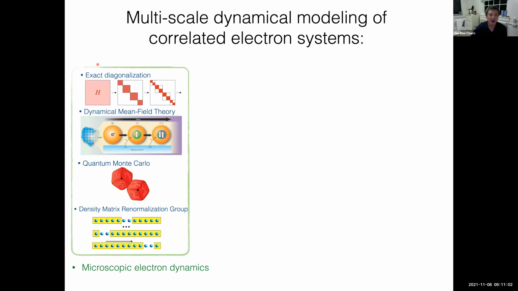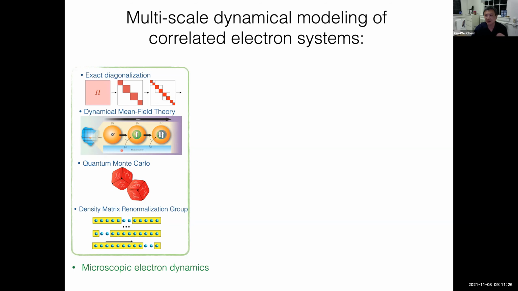On one hand, one needs to do a proper job of microscopic electron dynamics modeling, which ranges from straightforward exact diagonalization to more sophisticated methods like dynamical mean field theory or quantum Monte Carlo. Pinaki is an expert in these methods. There's also density matrix renormalization group, and these are all very time consuming.